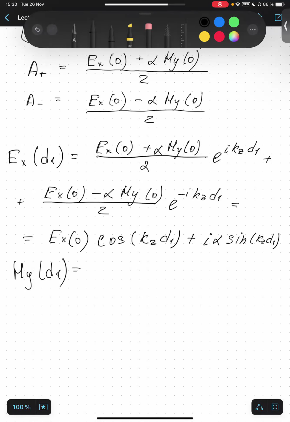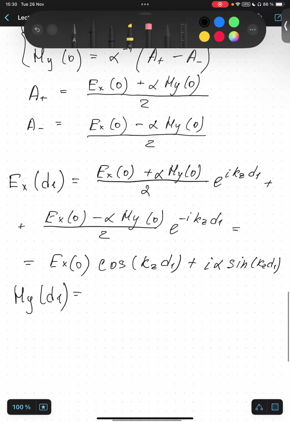Yes, because when you write Ex 0, next term you have to add H0, where sine is.